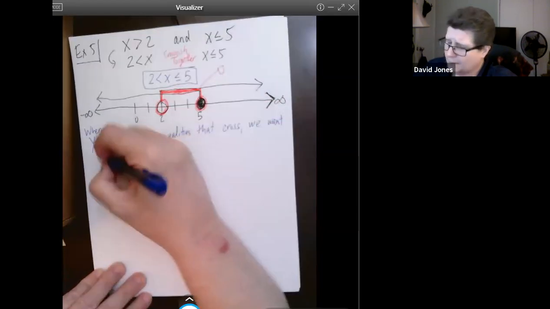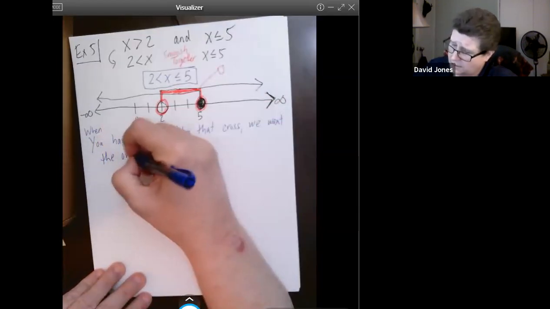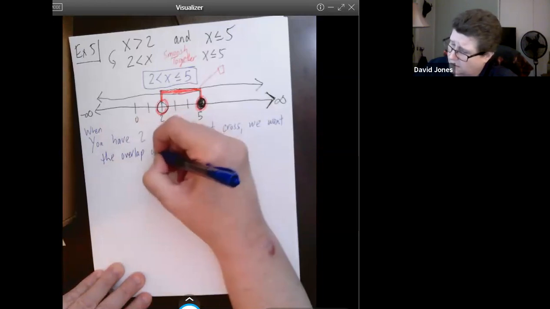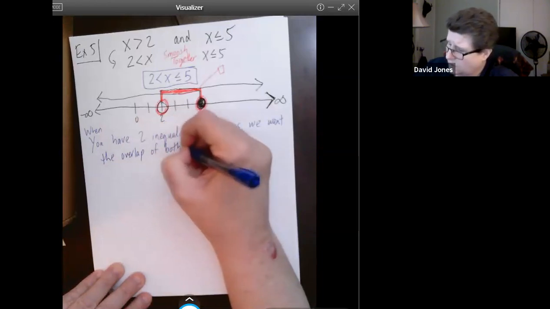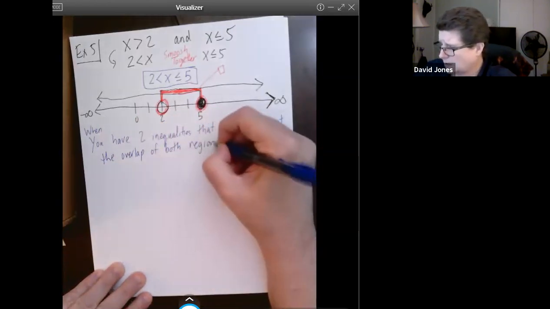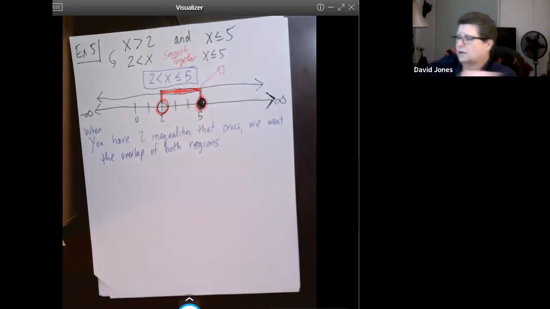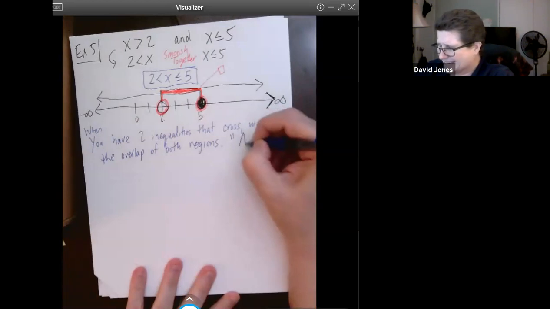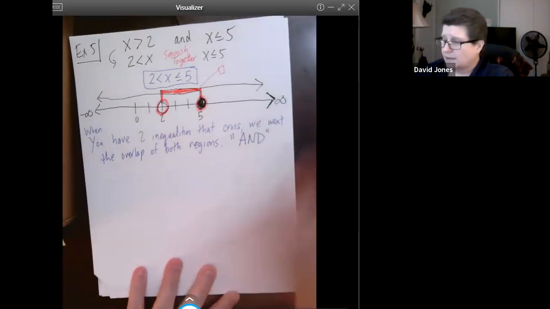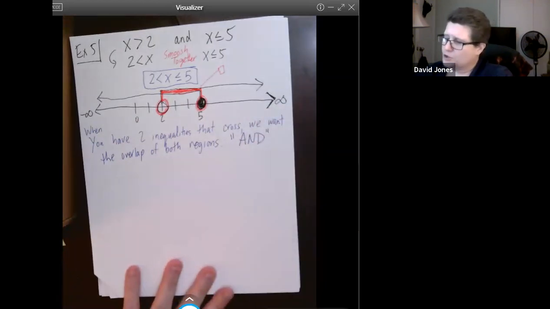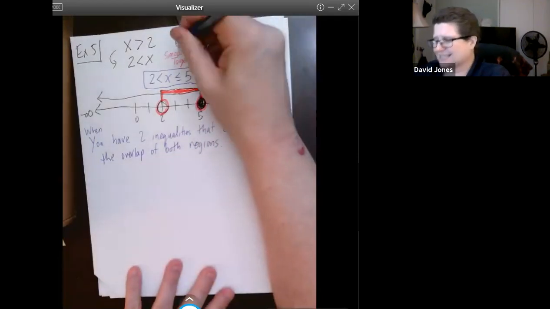We want the overlap of both regions. This goes with the word and. X is greater than 2 and x is less than or equal to 5.